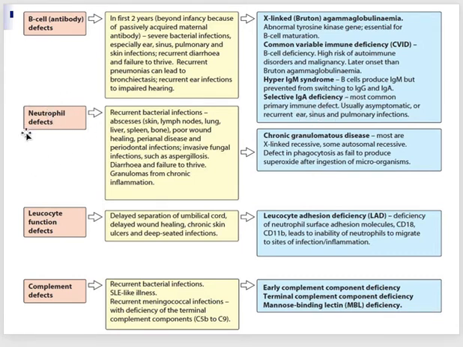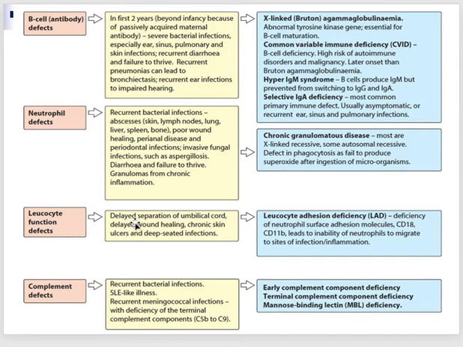These are the patients who present with multiple abscesses, because remember the neutrophils are defective, and neutrophils are the first line of defense. So these patients mostly present with granulomatous diseases. Then there could be leukocyte function defects.